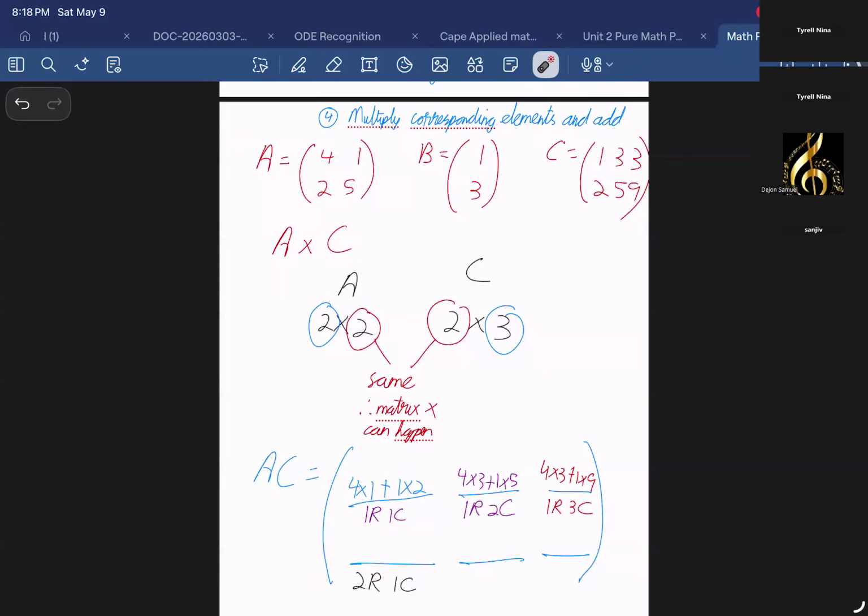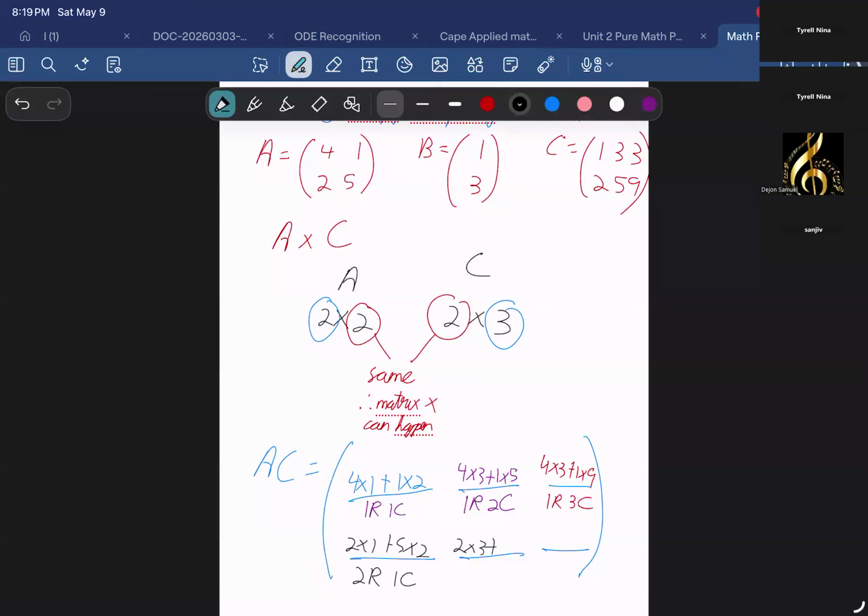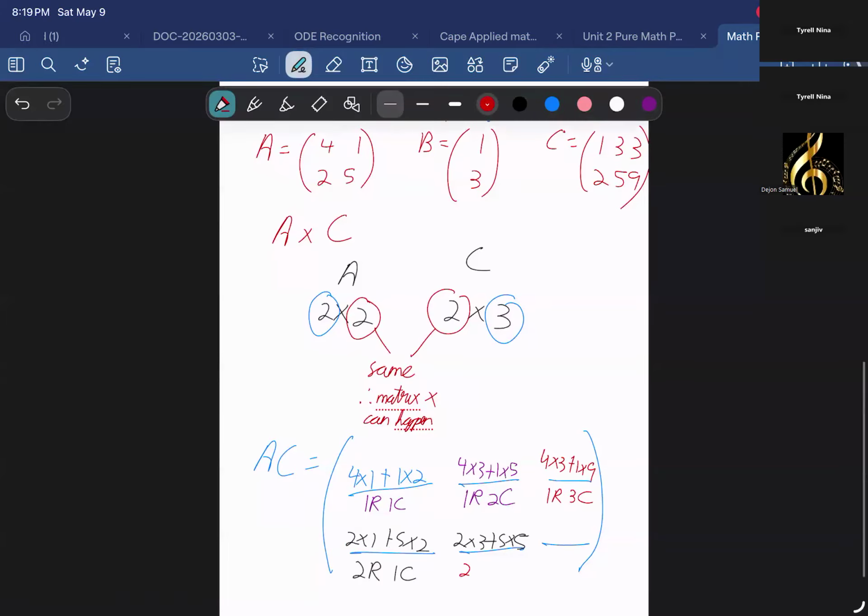Okay, so this is my second row by my first column. So it'll be 2 by 1 plus 5 by 2. And you can kind of pick up the pace of it. So this will be 2 by 3 plus 5 by 5. Now note something here. I always write second row, second column, second row, third column. That always helps me make sure I have an idea.